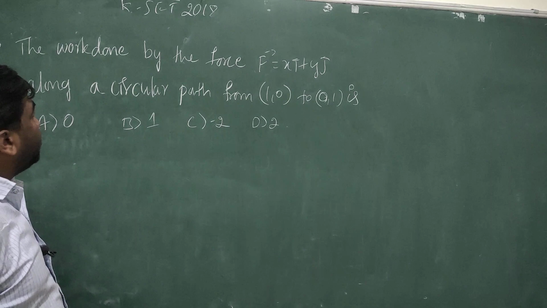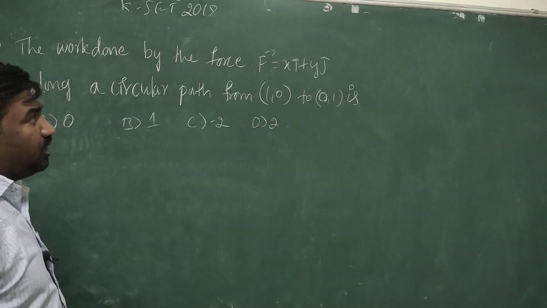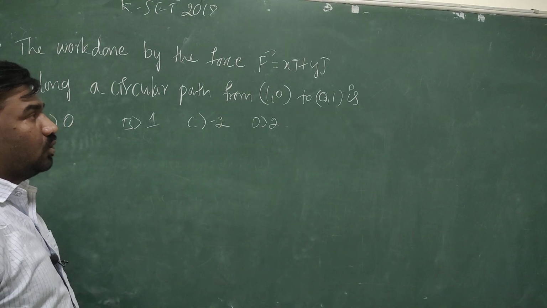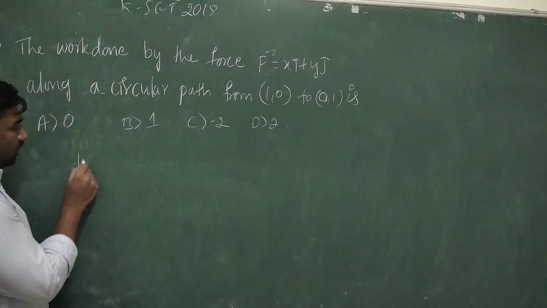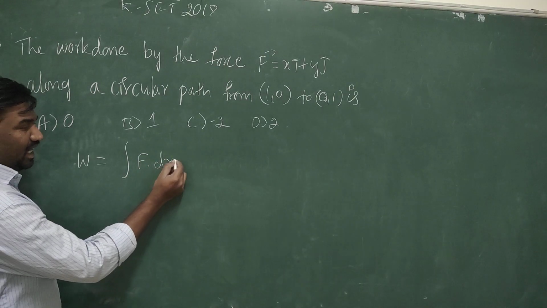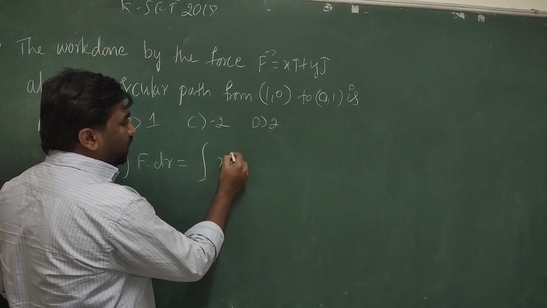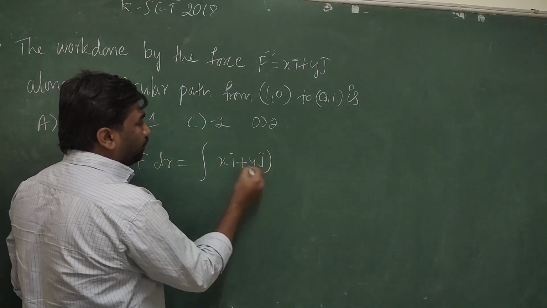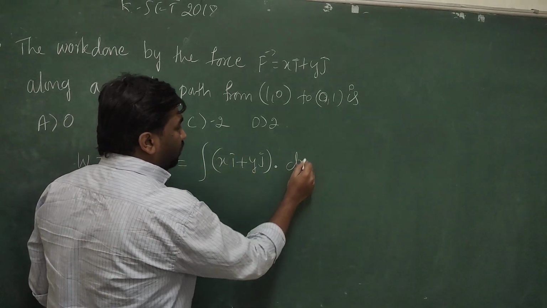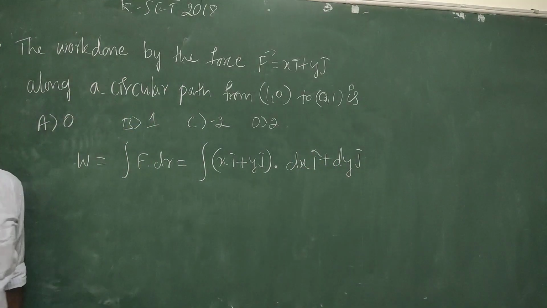Next, question number 8 from an integral part. So the work done by the force F is equal to xi plus yj along a circular path from 1, 0 to 0, 1. Work done W is equal to integration of F dot dr, which is equal to integration of xi plus yj dot dr, and for two dimensions dr is dx i cap plus dy j cap.